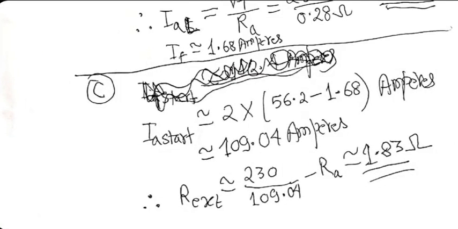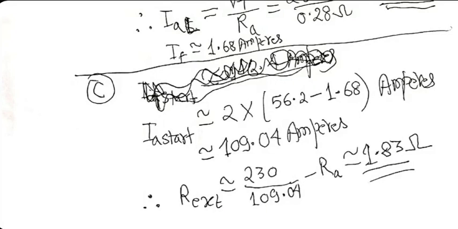I at the starting should not be more than this value. Oh sorry, my mistake. 56.2 actually is the terminal current. From there you subtract 1.68 ampere, which is the field current, to get the actual armature current, and multiply that result by 2 to get the maximum starting current which is allowed. That value turns out to be 109.04 amperes.